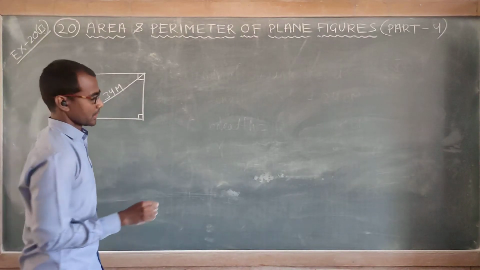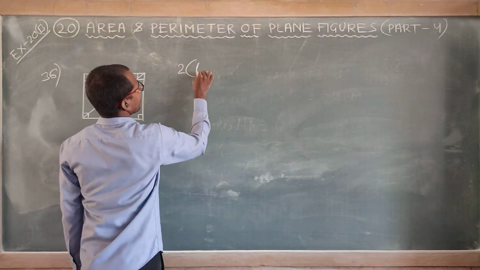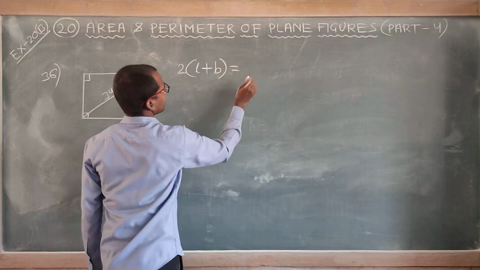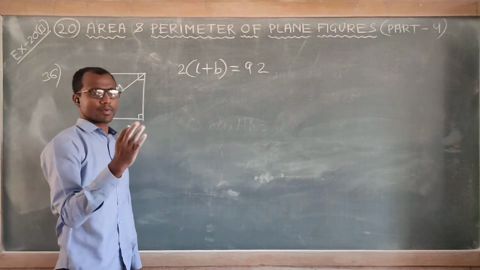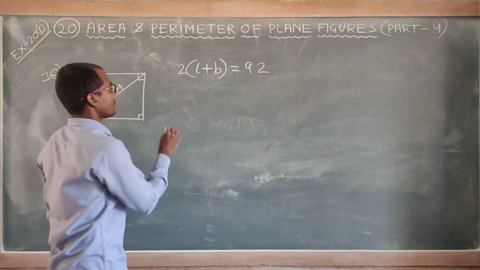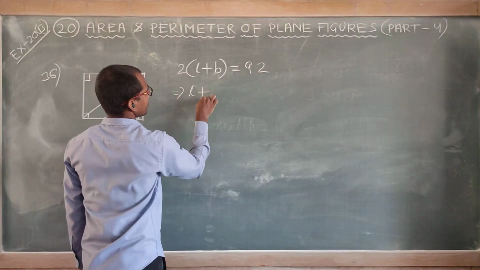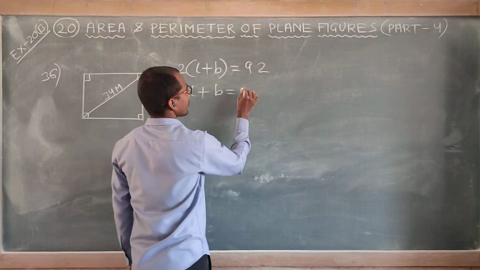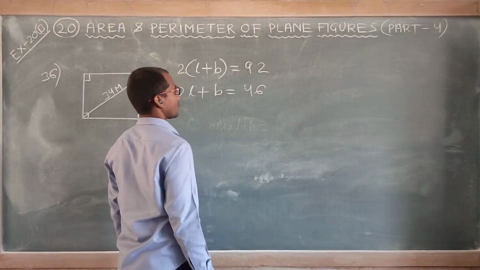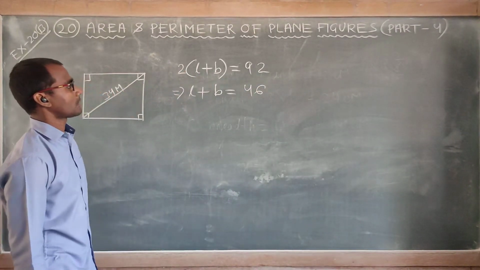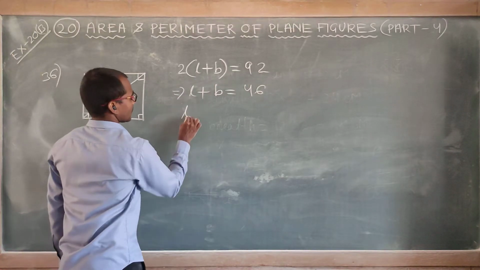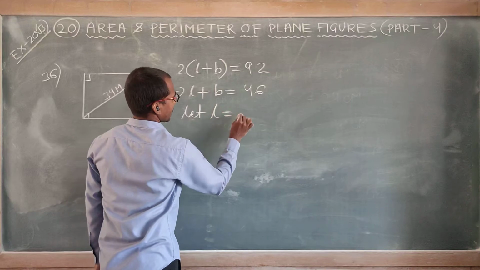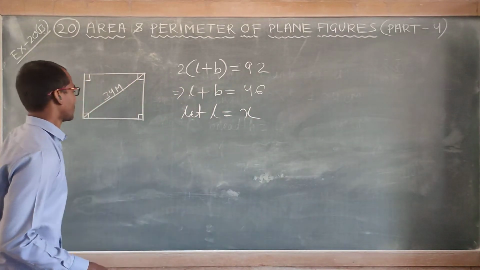So perimeter is given. 2 times (L plus B) is 92. So L plus B is equal to 46 meters.